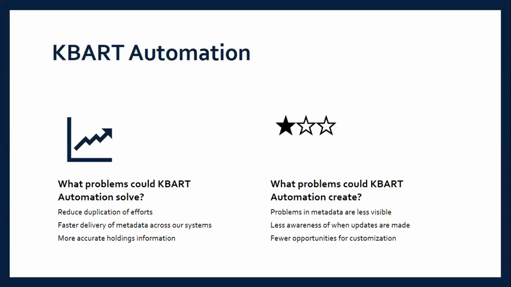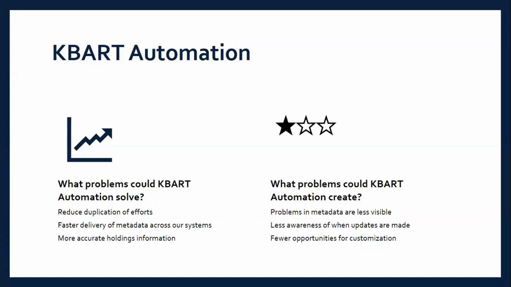You're less aware of when updates are made, and so that's a problem. And there are fewer opportunities for customization, or even for making sure that if you have two different copies of something from two different vendors, they're being brought together so you know that they are the same title, but maybe just on different platforms.